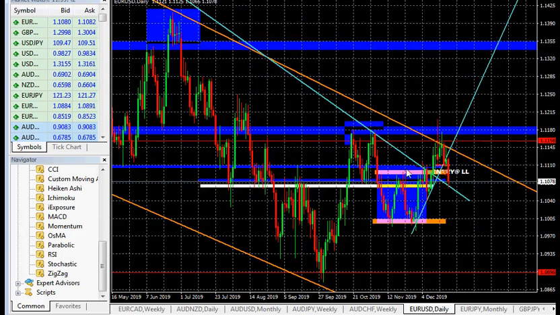You can see a double bottom here, then price retests this resistance level. You can see rejection here, rejection here, rejection, rejection. It's a strong level. You can see price rejections. You can't go beyond it. It's a rejection of higher prices. The market breaks the trend line.